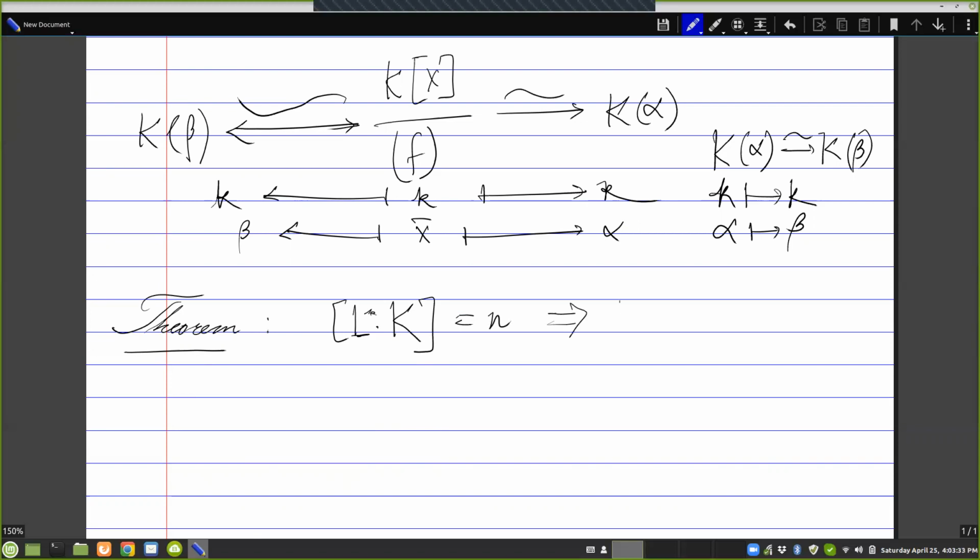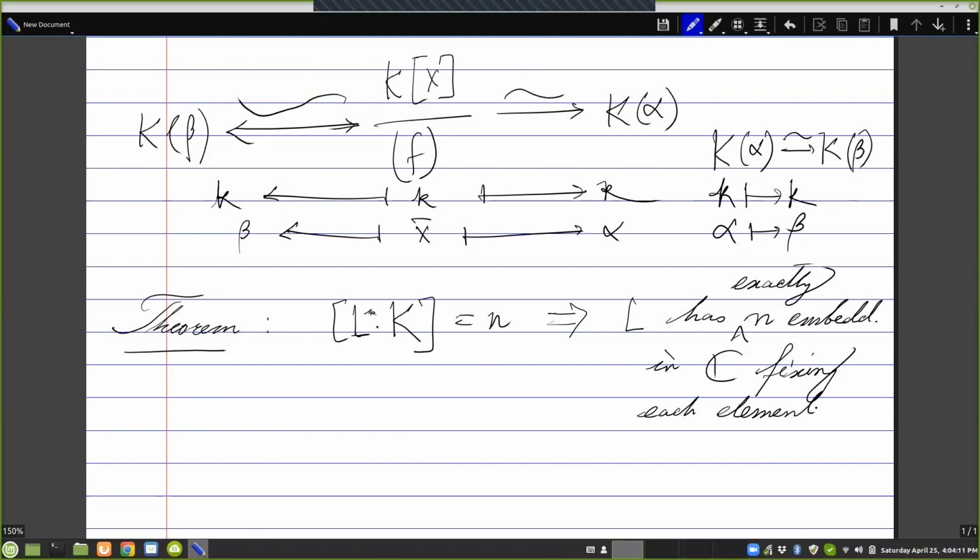Then we will prove that L has exactly n embeddings in C. Of course, I forgot something: fixing K. So I'm saying that there are exactly n embeddings from L to C. Let's denote such an embedding by sigma, such that sigma of small k equals small k for each small k in capital K.